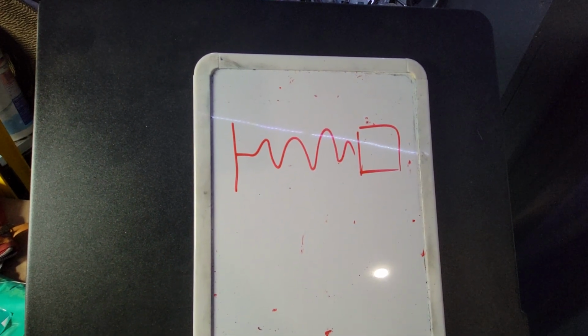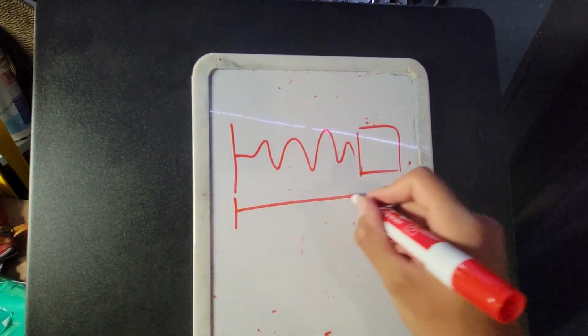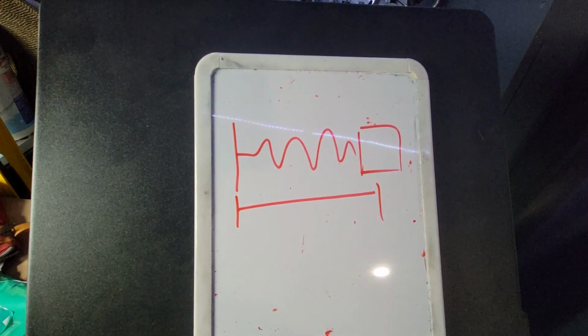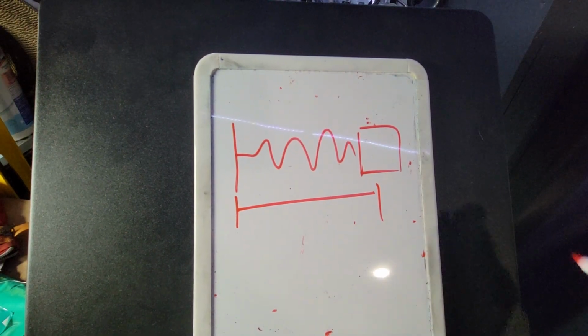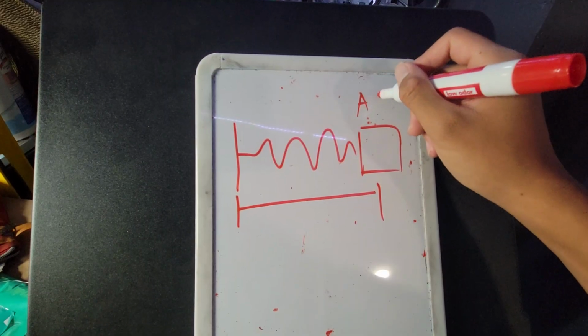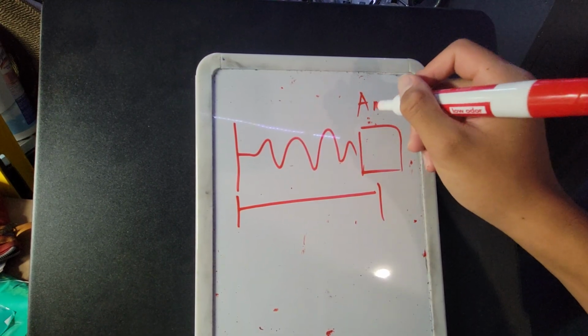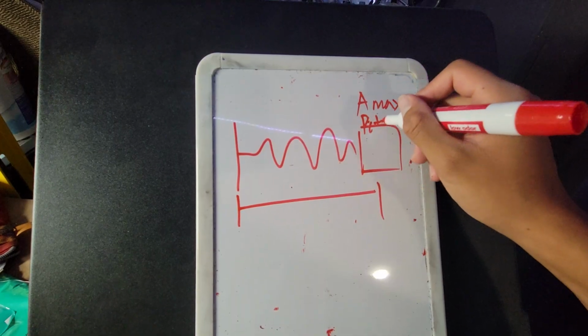It would have to be the displacement, the acceleration, and the potential energy, because when the displacement is at its largest, the acceleration is going to be at its max, and the potential energy is going to be at the max as well.